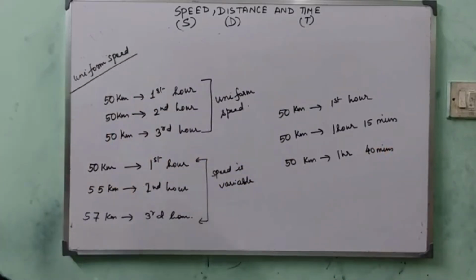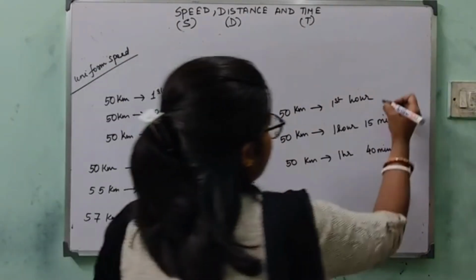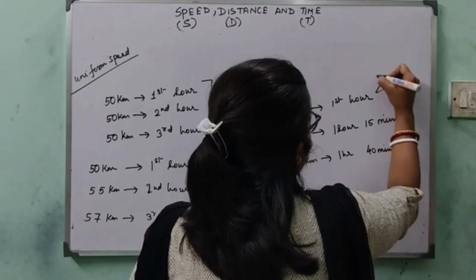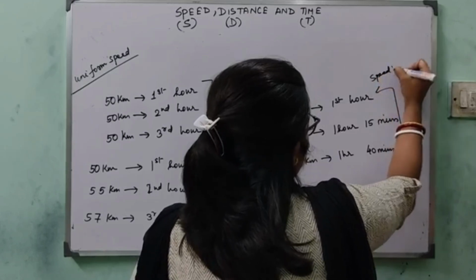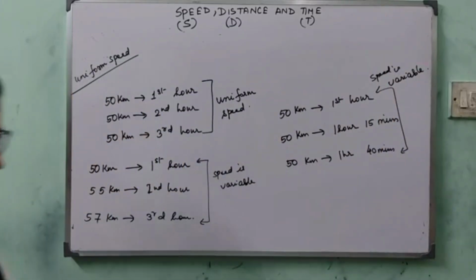So I can see here that the distance covered each time is the same, that is 50 in each case, but the time intervals are not the same. So there is a difference in the time intervals. Here also we can say that the speed is variable.